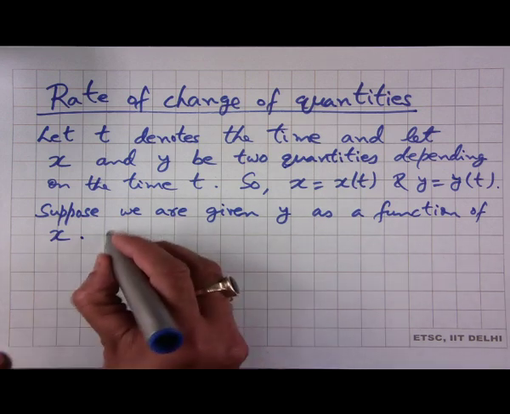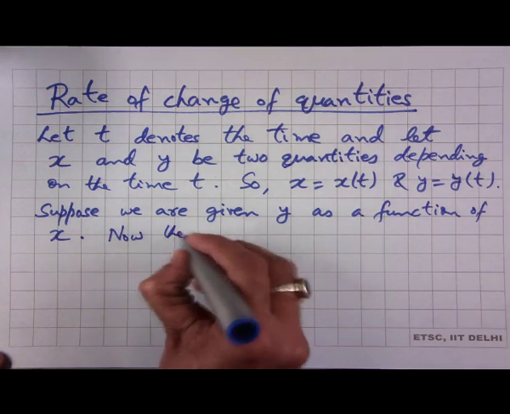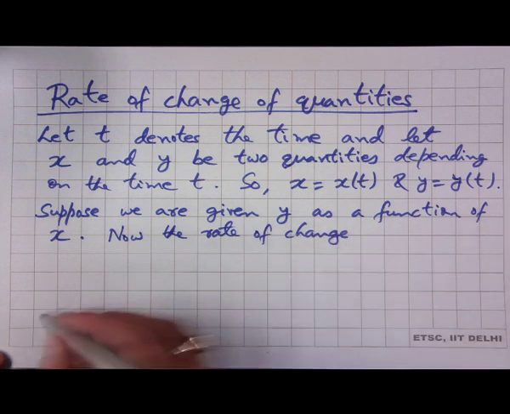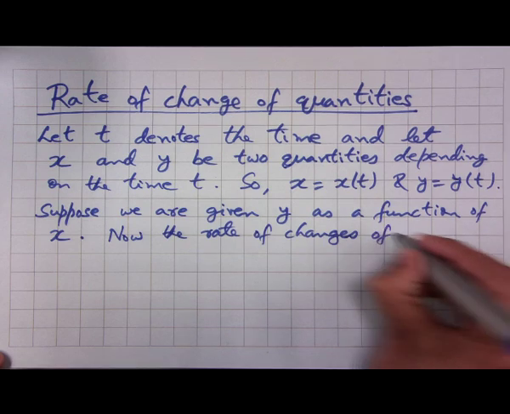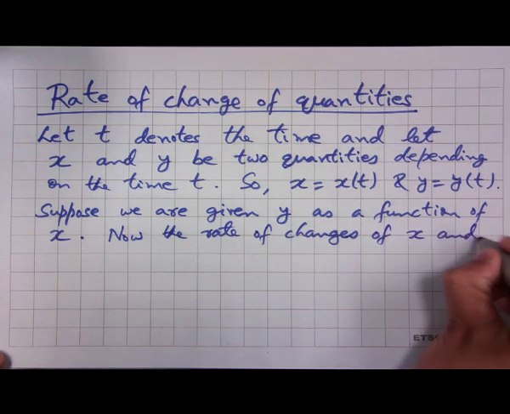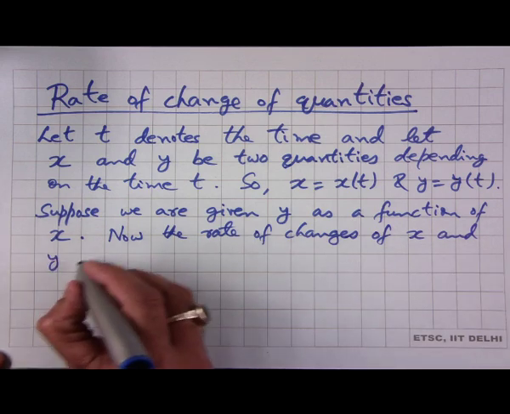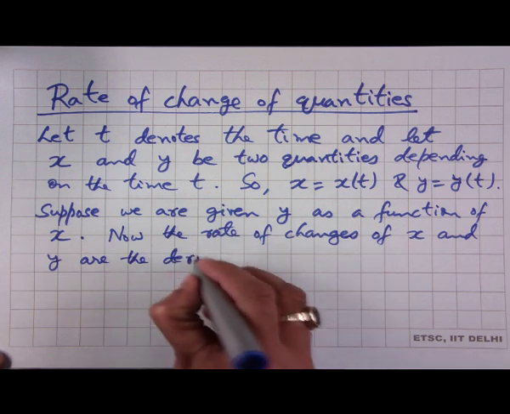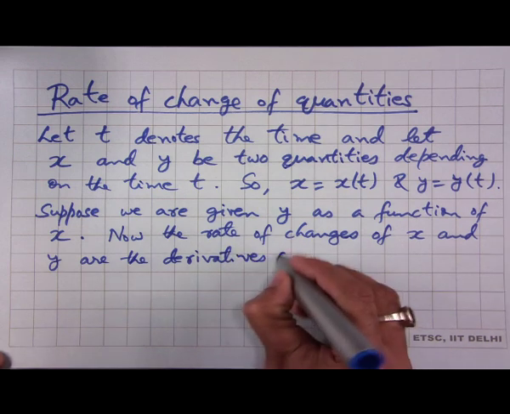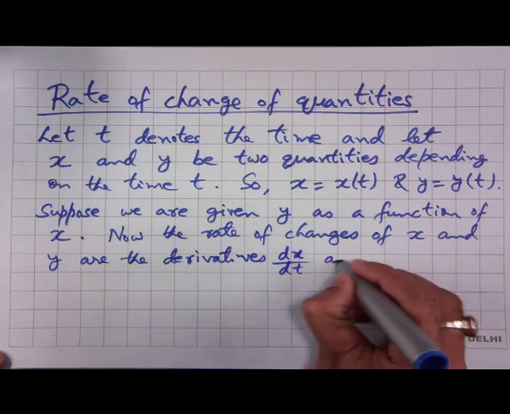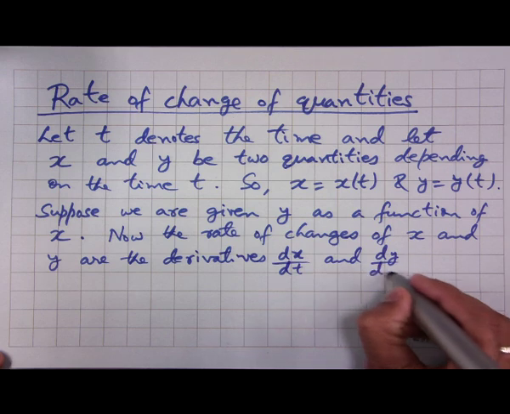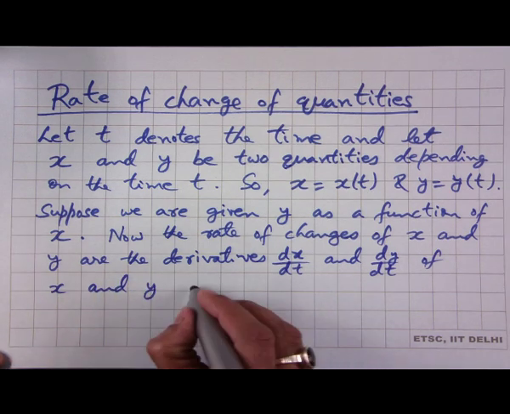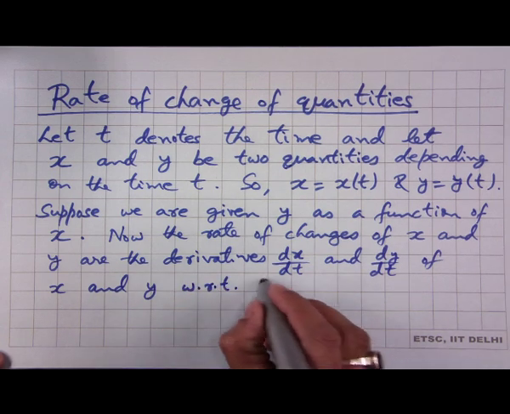Now, the rates of change of x and y are the derivatives dx/dt and dy/dt of x and y with respect to time t.